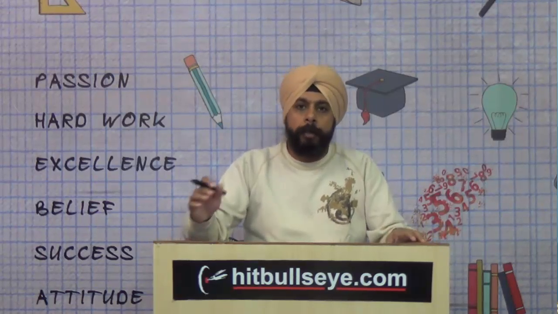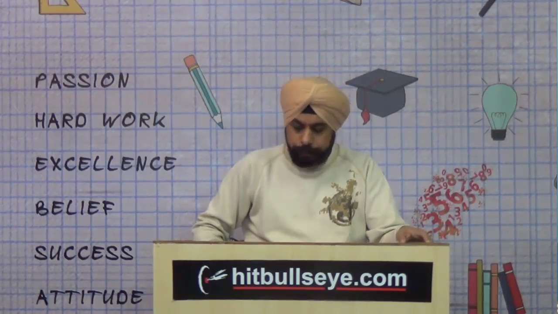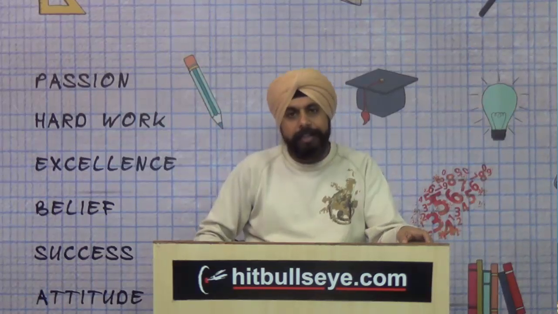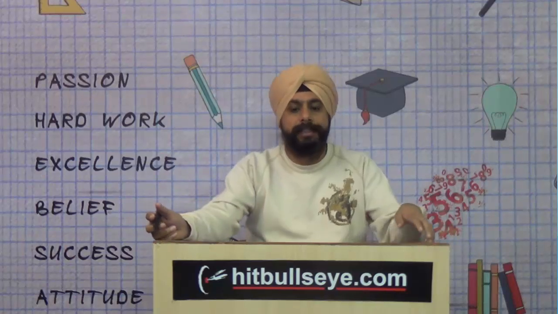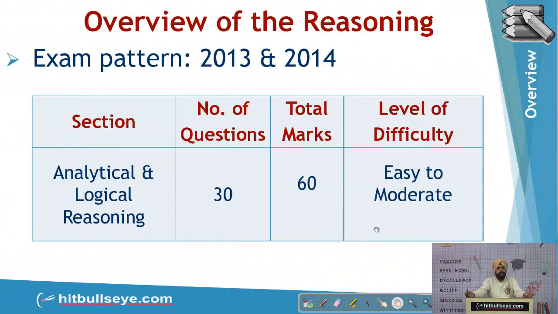Now students, before we proceed with the questions, let's have a look at the reasoning section of the last 2 years of SNAP exams. In 2013 as well as in 2014, there were 30 questions of analytical and logical reasoning, which consist of a total of 60 marks.